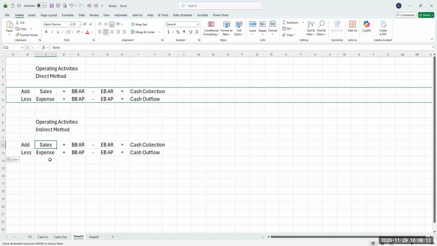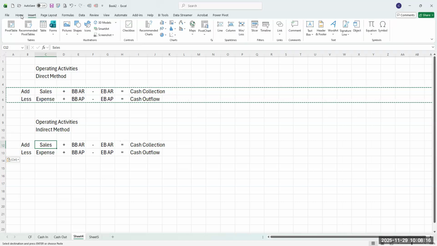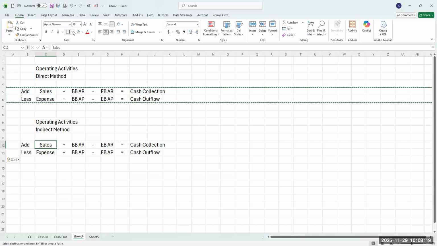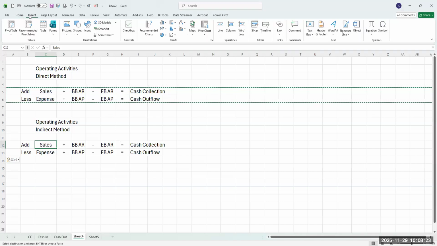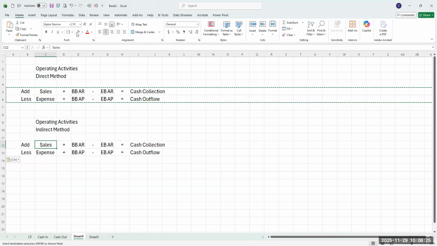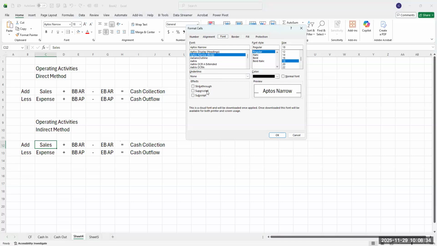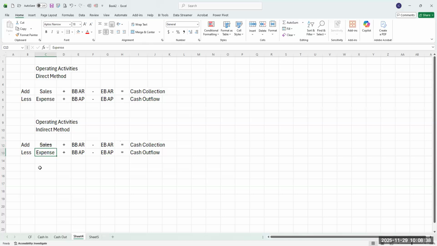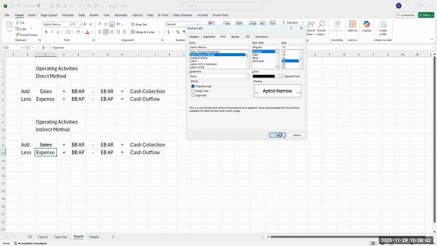I'm going to forget about the sales. I'm going to get rid of the sales and I'm going to get rid of the expenses.